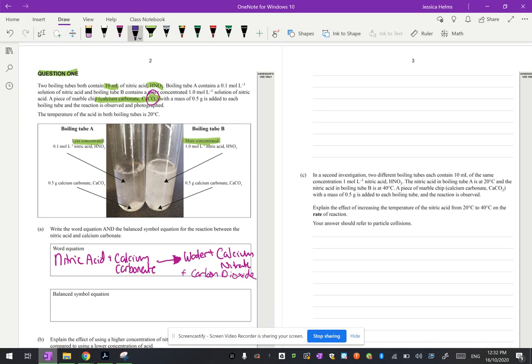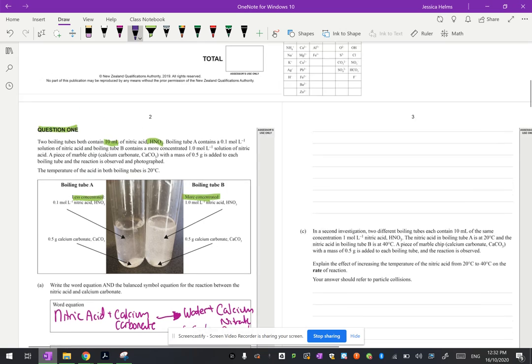So they've actually told you already what the nitric acid formula is, HNO3, and the calcium carbonate, CaCO3. And that goes to, well, we know what carbon dioxide is and we know what water is. The only thing that we need to figure out is what the calcium nitrate is.